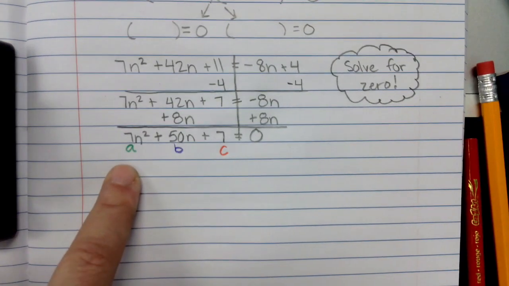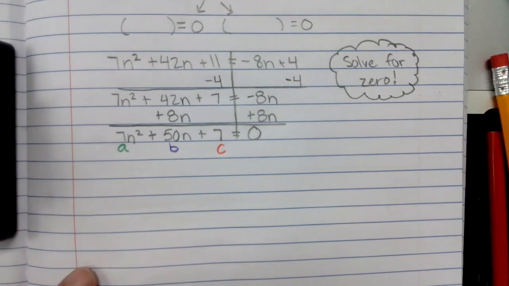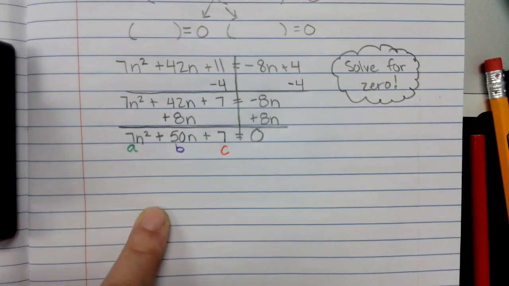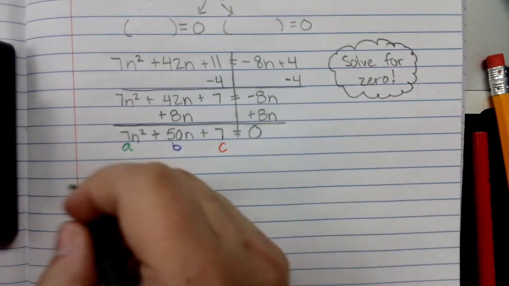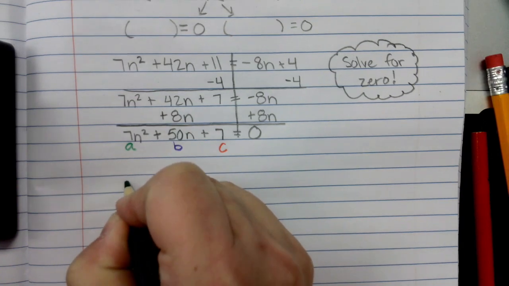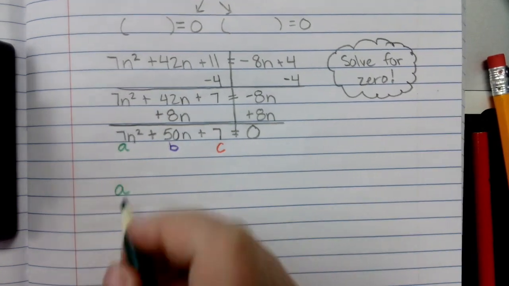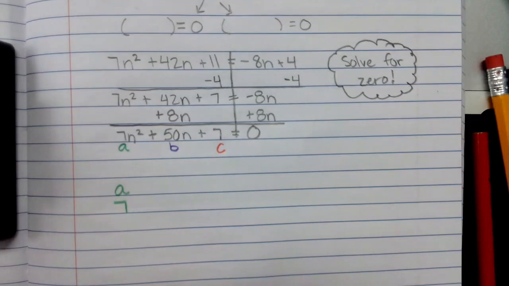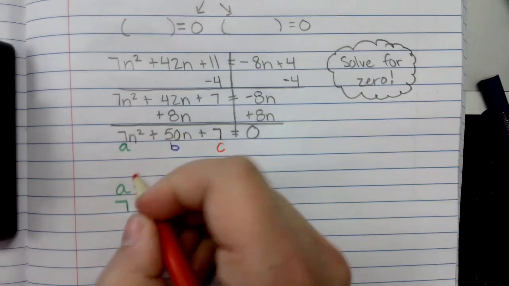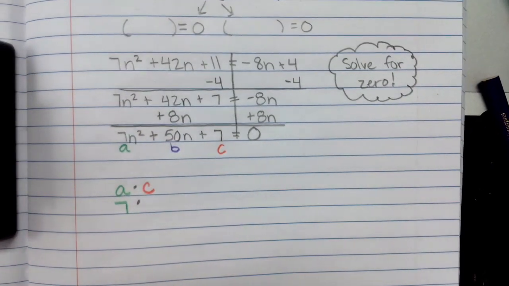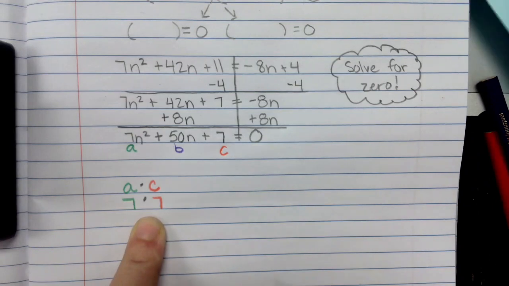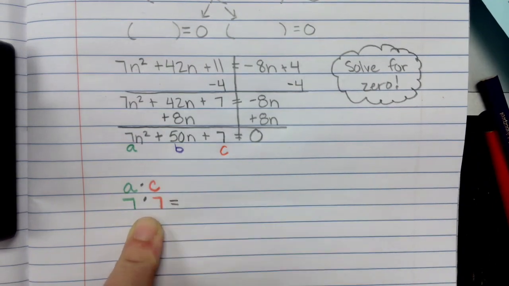All right, so what am I going to start with when we factor? A times our C. And what is our A? 7 times our C. And what is our C? 7. So 7 times 7 is 49. So we're going to look for two numbers.